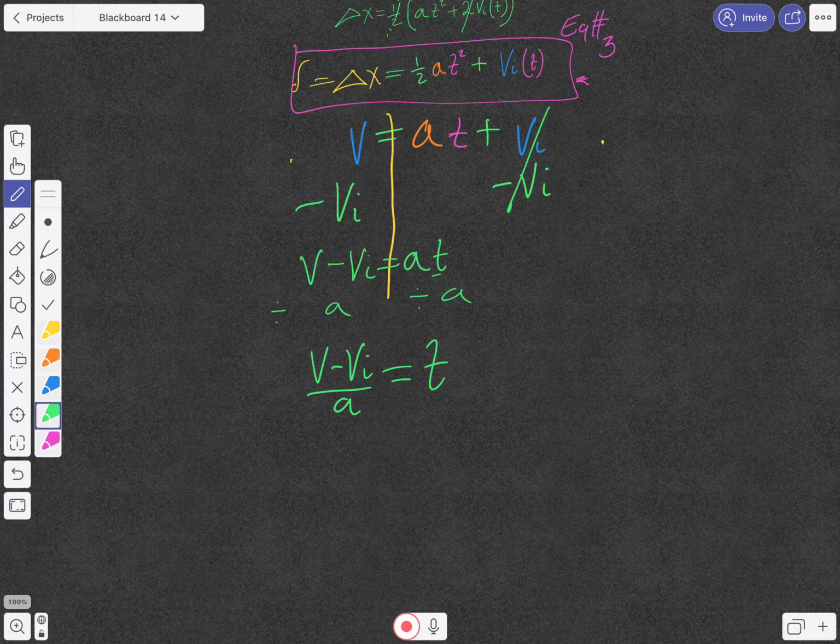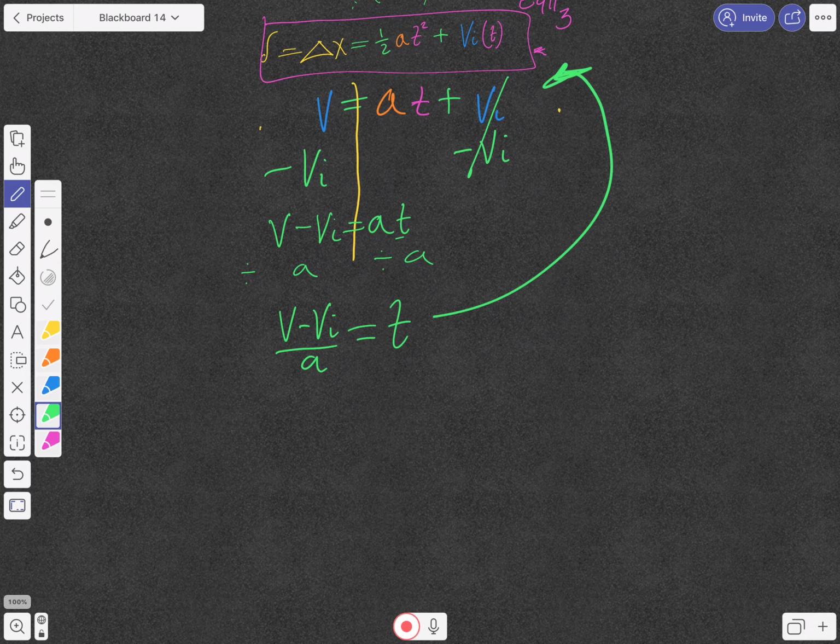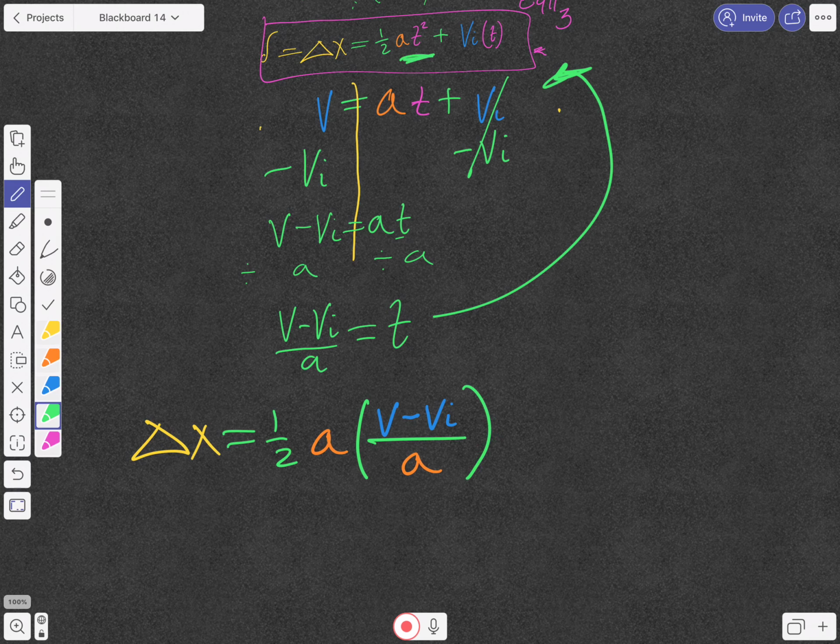So now we can substitute this into this equation for our t values. So now we have delta x is equal to 1/2 a. Now instead of t, we're going to plug this in. So it's going to be v minus vi over a. Now don't forget that this t here is squared.